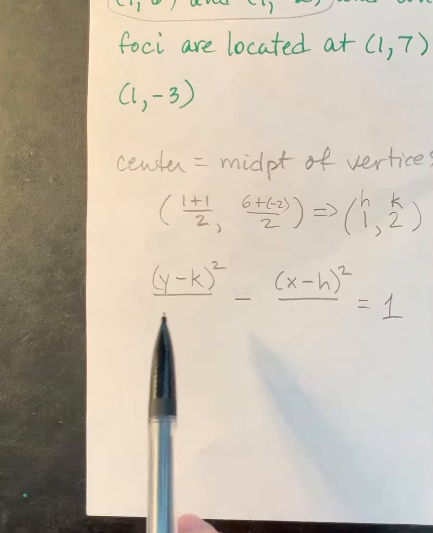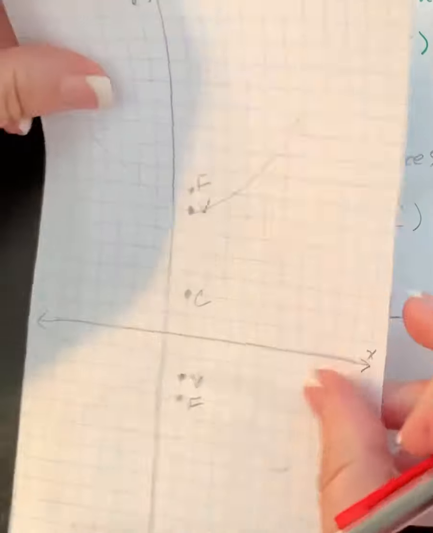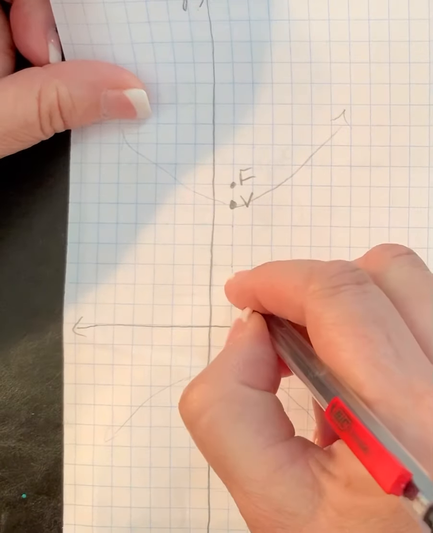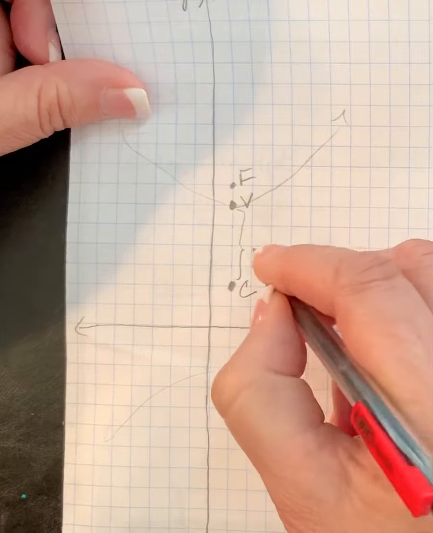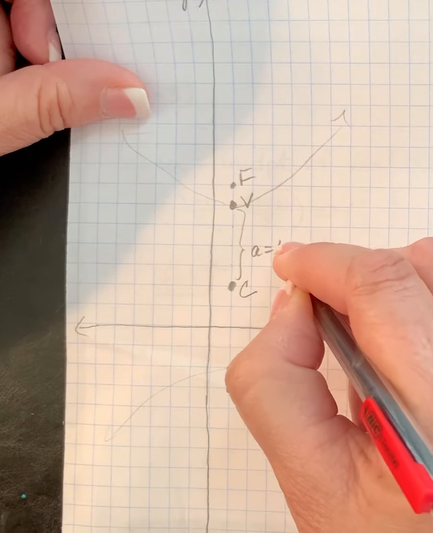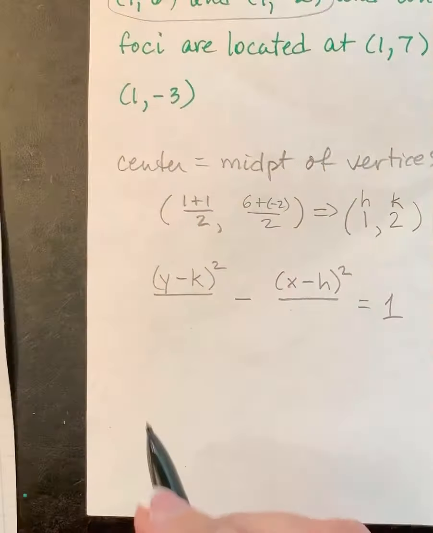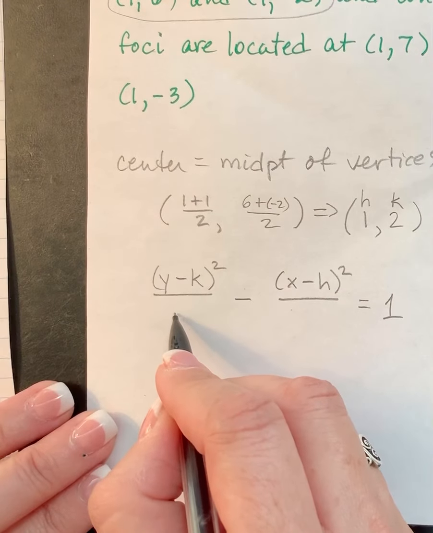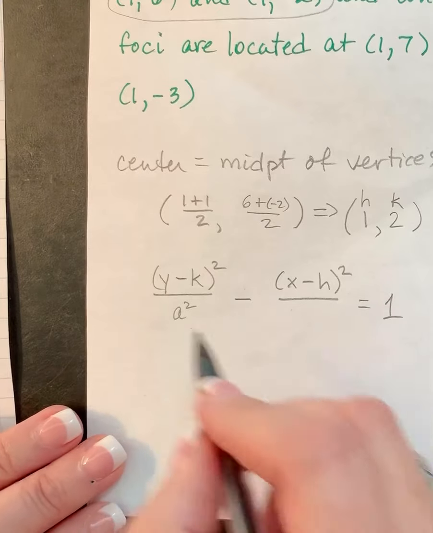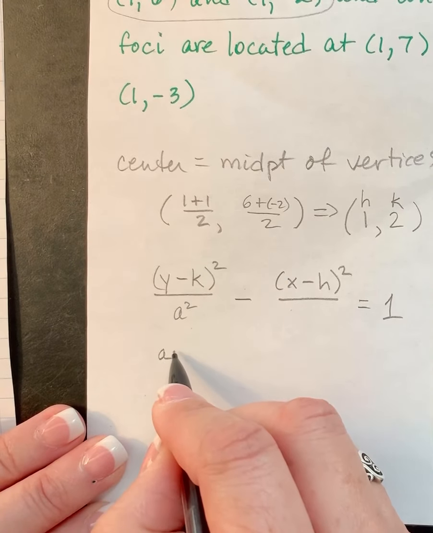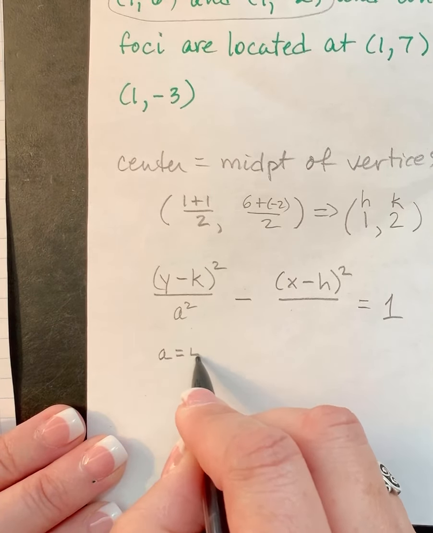Well, go back to your center. Here's the center, here's a vertex. How far apart are they? We were just looking at that distance. That was 4. So that tells us that a is 4, and a squared is 16.